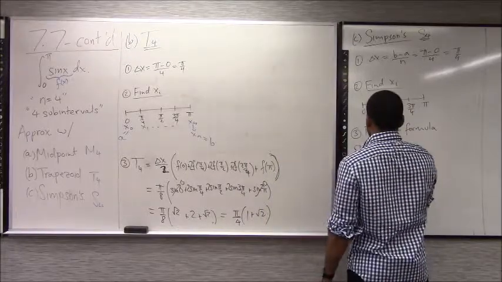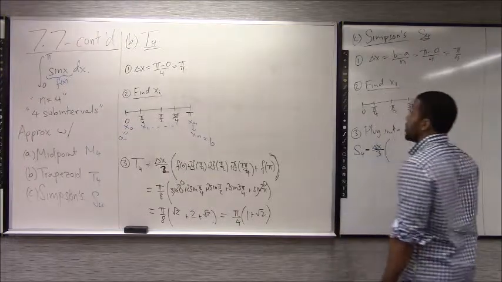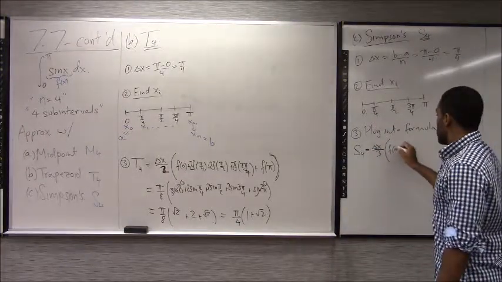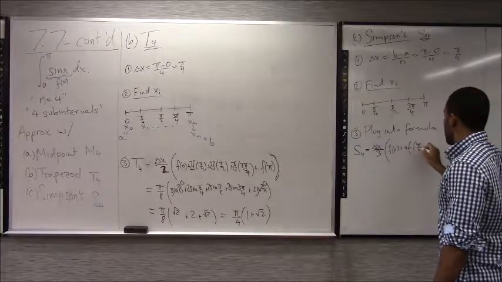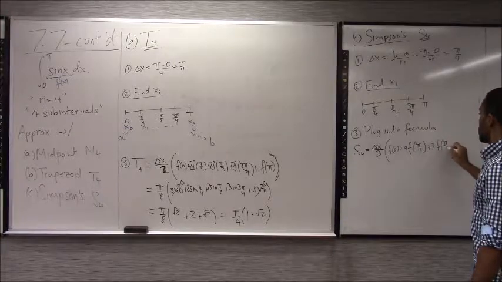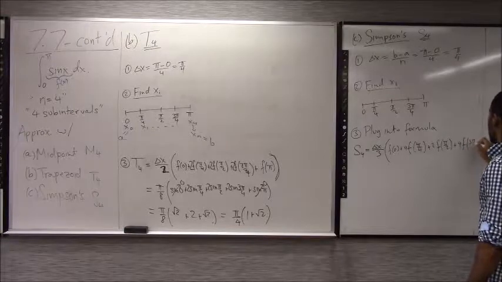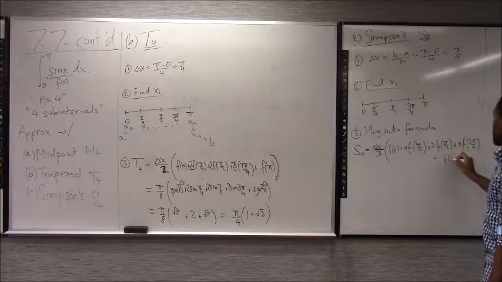So we know S4 is going to be delta x over 3 times f of 0 plus 4 times f of pi over 4 plus 2 times f of pi over 2 plus 4 times f of 3 pi over 4 plus f of pi.